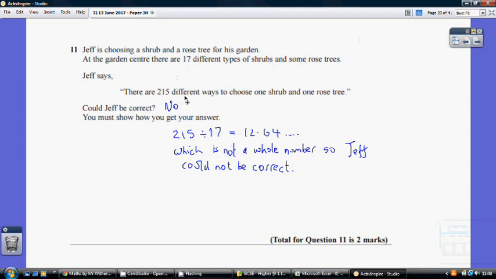Working backwards, 215 divided by 17 is not a whole number, so Jeff cannot be correct, because 17 times the number of possibilities of rose trees will give you the total number of combinations. So 215 divided by 17 has to give you a whole number.